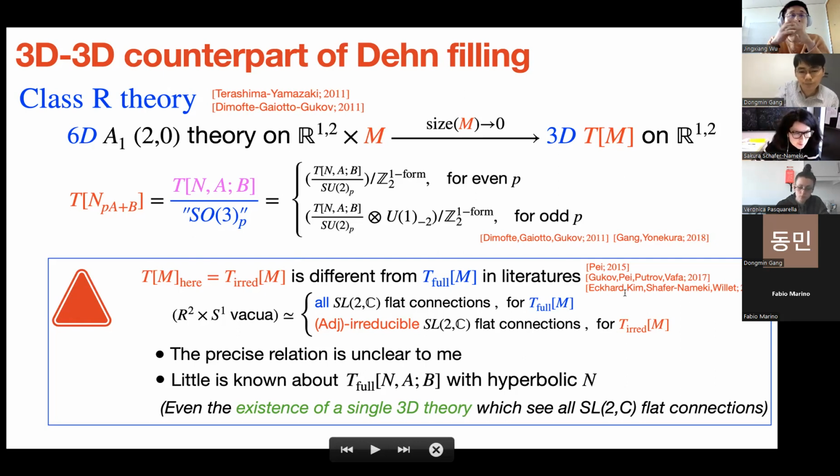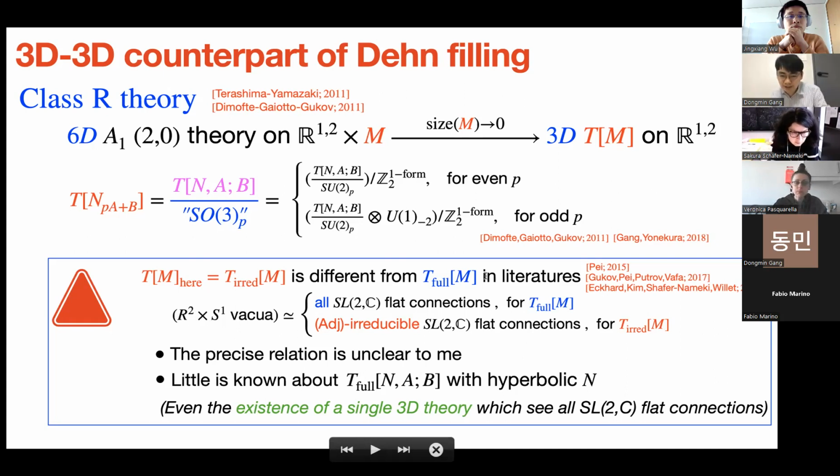So can I ask what you mean with this last comment? The existence of a single 3D theory which sees all. Yeah, we are not sure whether there should exist some single 3D theory which sees all the flat connections as vacua on R2 times S1. Isn't that T4?